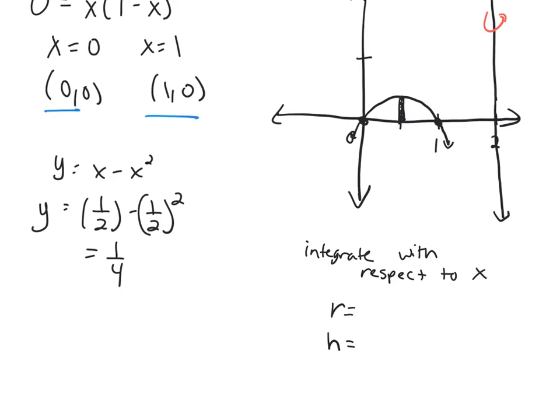So the height is just going to be my function, x minus x squared. This part is just like if you rotated about the y-axis. The part that's different is our radius.